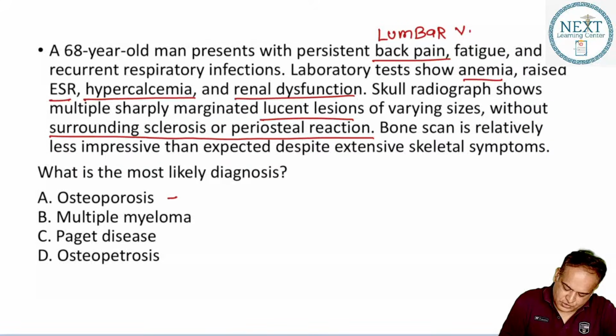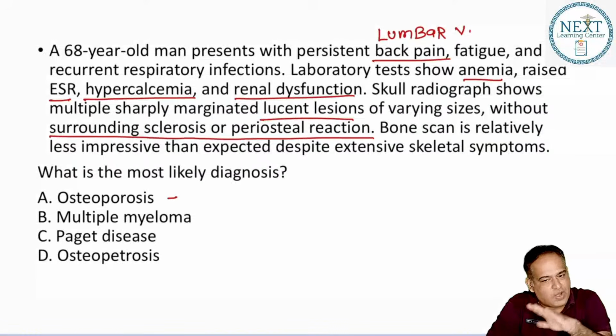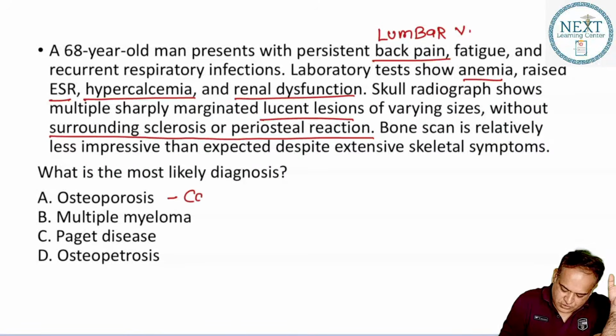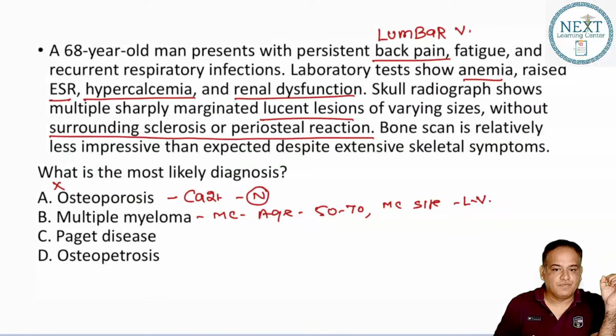See, osteoporosis: no such features are seen, no hypercalcemia. In osteoporosis, calcium levels are normal. Multiple myeloma: most common age 50 to 70, most common site lumbar vertebrae, and calcium level is increased.